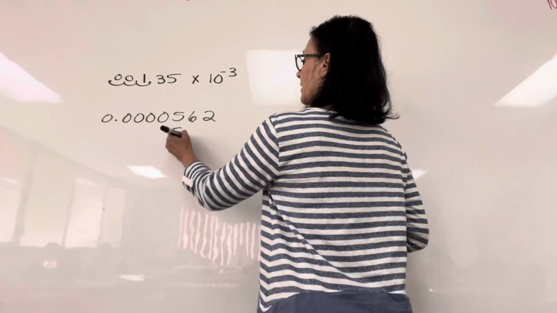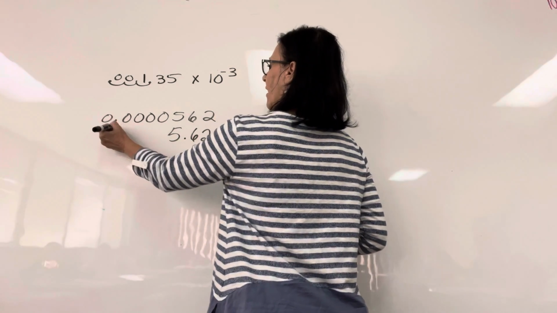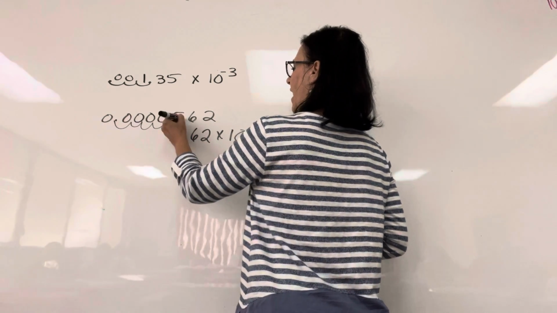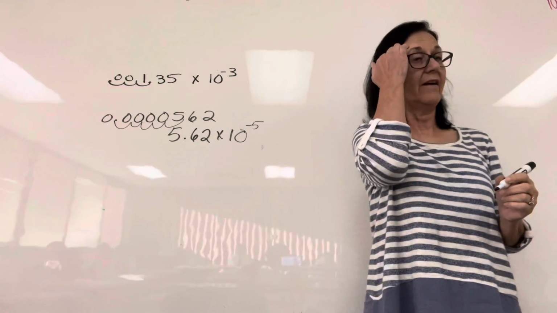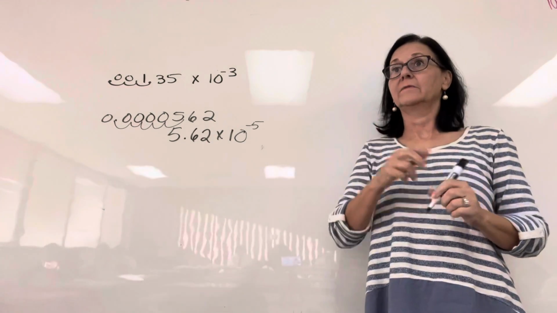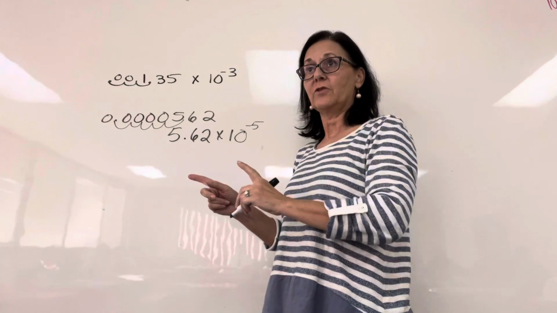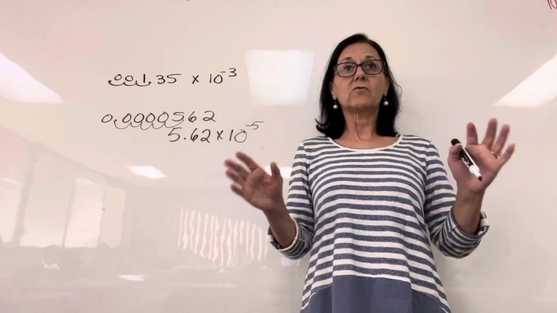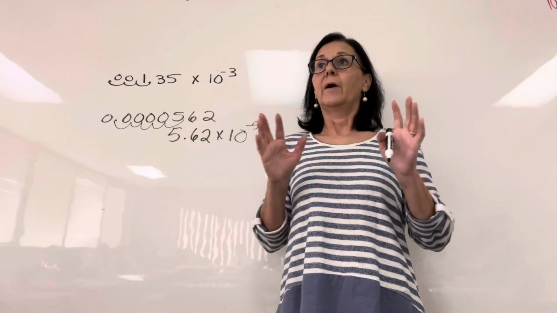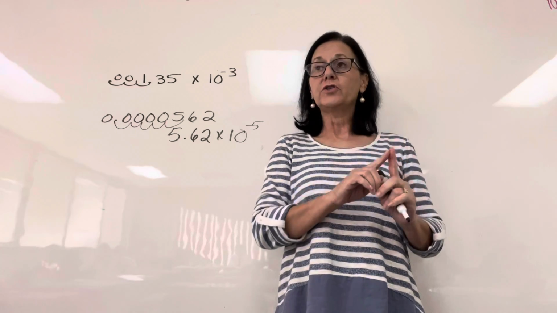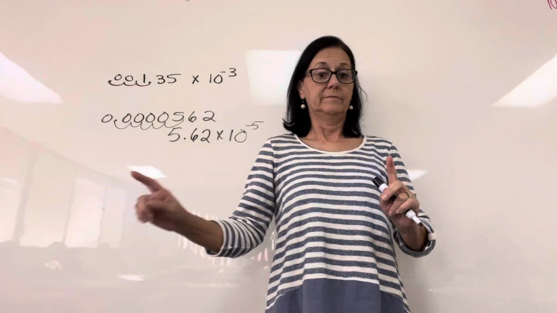All right, so this would really be 5.62 times 10, and I count 1, 2, 3, 4, 5. And it's negative because it's a very, very, very small number, okay? So that negative is when I move the decimal to the right, which feels sort of contrary to a number line. But really the negative says which direction I move the decimal back to the original number, okay?